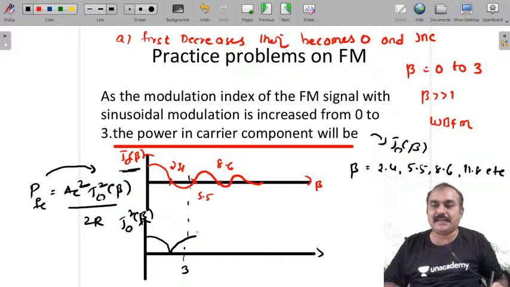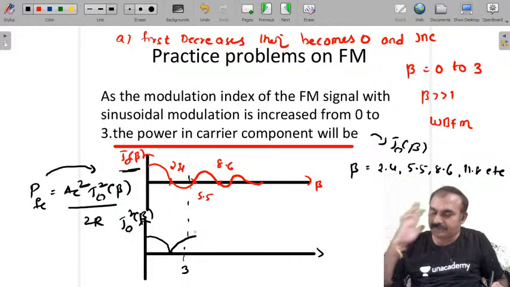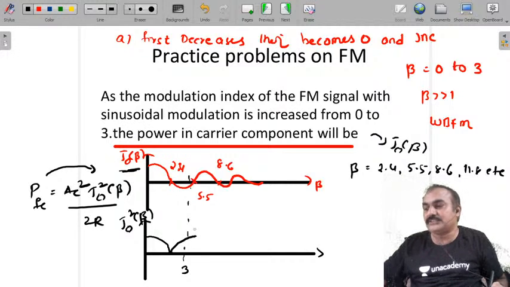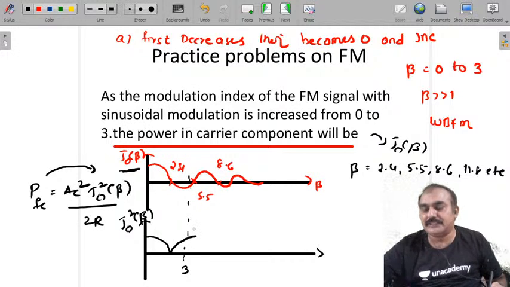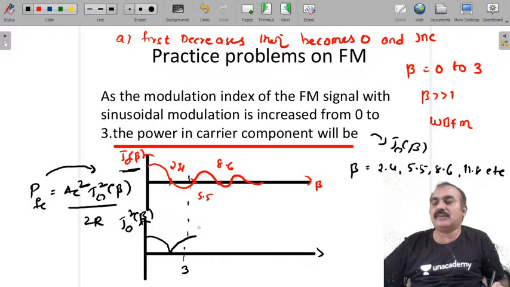Is that clear over here? Like that the question will be asked, my dear students. This is about the power of the carrier component. Once again you have to remember, in WBFM the power in all the side bands depends upon their particular Bessel function J n of beta.